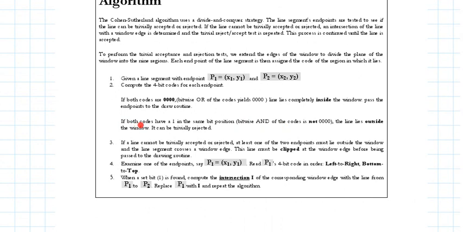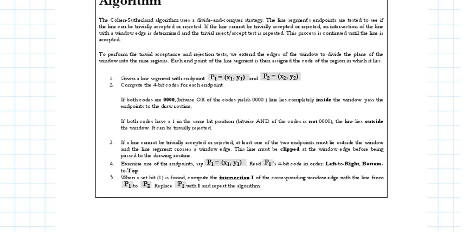If both codes have a 1 in the same bit position, what will happen? The bitwise AND will not be 0. It will have 1 at some place of the LRBT code. Then you can conclude that the line is outside the window. Then it can be trivially rejected.